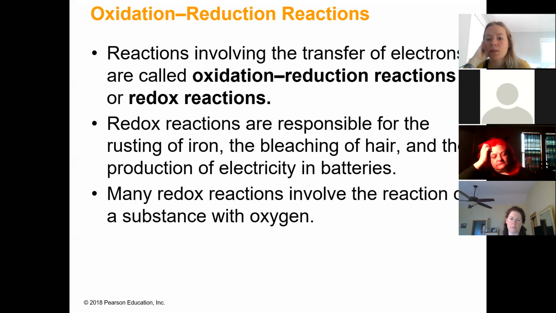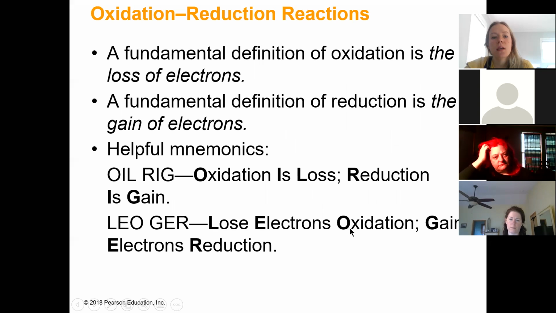A lot of times redox reactions involve a substance combining with oxygen. In a redox reaction, you have both reduction and oxidation happening. One thing is being reduced, one thing is being oxidized. Here are some helpful mnemonics for how to remember what they mean. Oil rig: oxidation is loss.